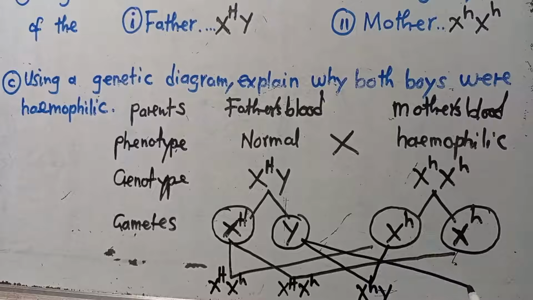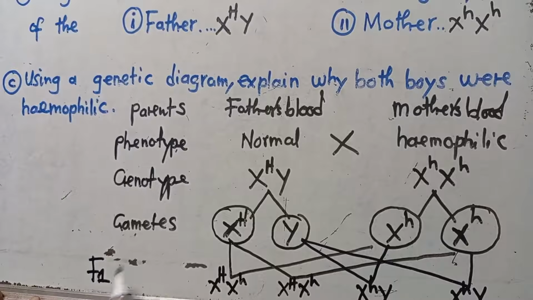Then this one goes there like that, so here I'm going to have X and Y. Whenever you've got XY, it is a boy. This boy is sick, this boy is sick. Have you seen? So this is what we are calling the first generation.